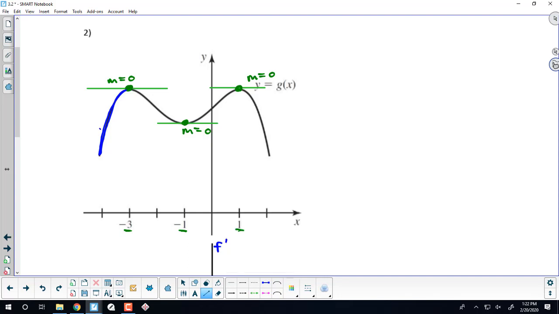So if I said find the slope of the tangent line at this point, you would say that's really positive right there. The tangent line at this point is still positive, but less positive than the other one. At this point, still positive, but again, less positive, and so on until we reach the 0 here. So they start off being really positive, and then they approach 0 or get less positive.